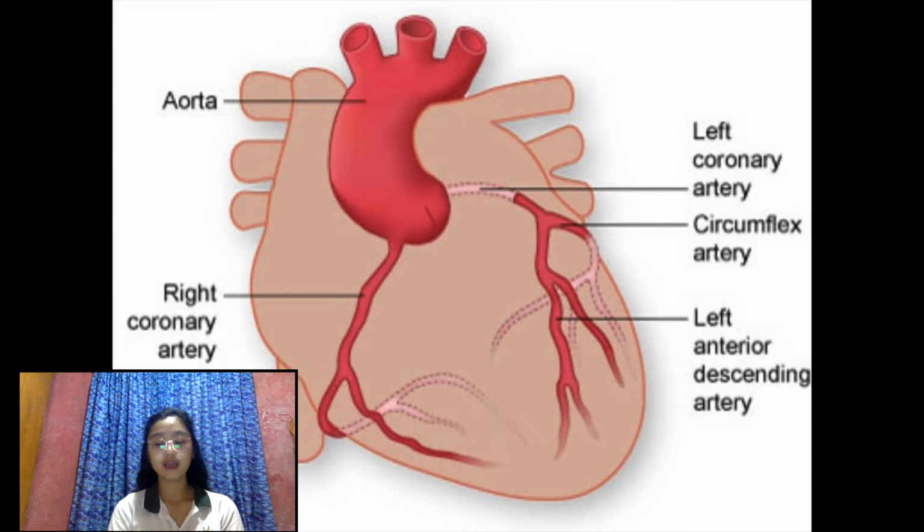The aorta is the largest artery in the body, which begins at the top of the left ventricle. As we all know, the heart has two ventricles, the right ventricle and the left ventricle, but the aorta begins at the left ventricle. It's a tube about a foot long and an inch in diameter.